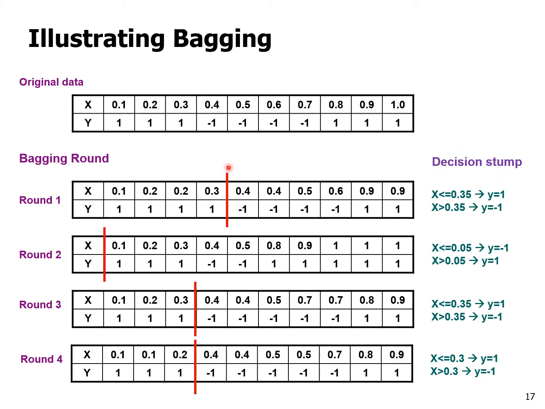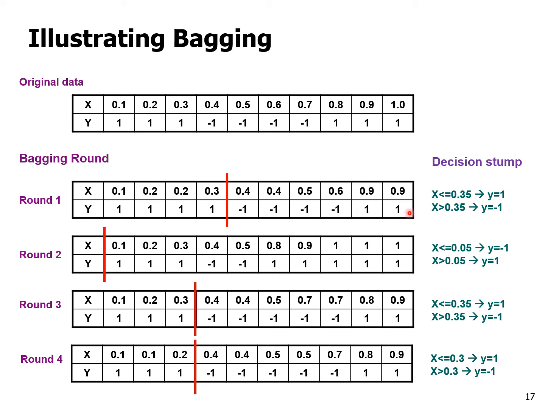In this case, you draw a line here. If the decision stump is defined like this, x is less than or equal to 0.35, you draw a line here, and y value is 1. If x is over 0.35, then class value is -1. As you can see here, there is error.